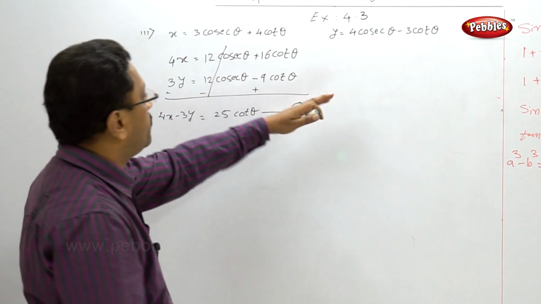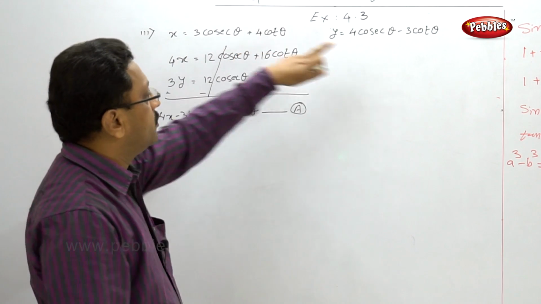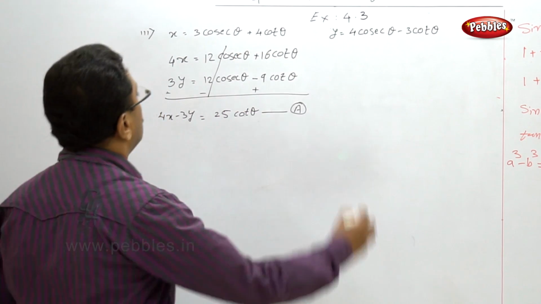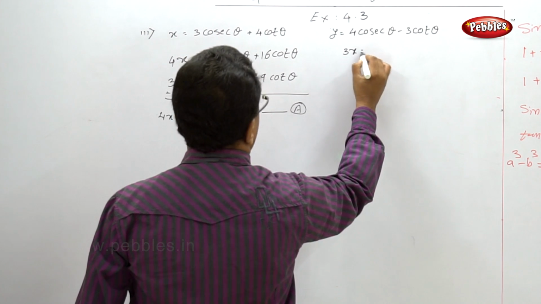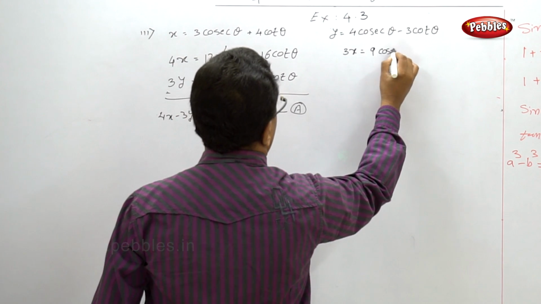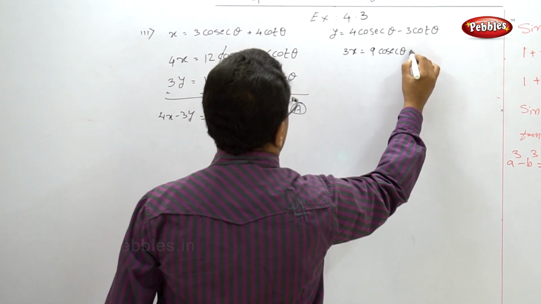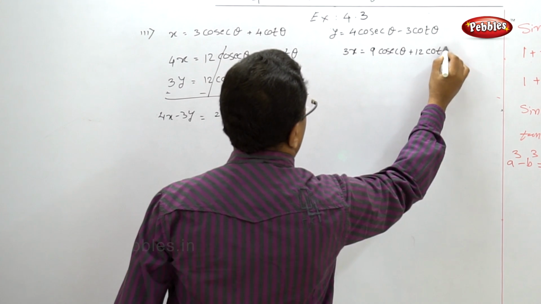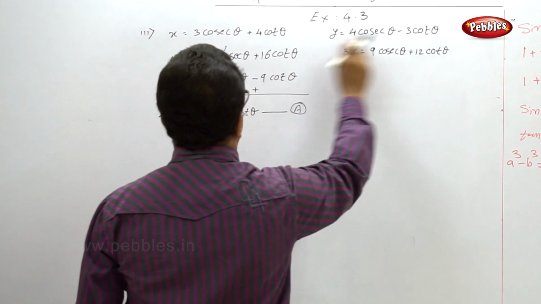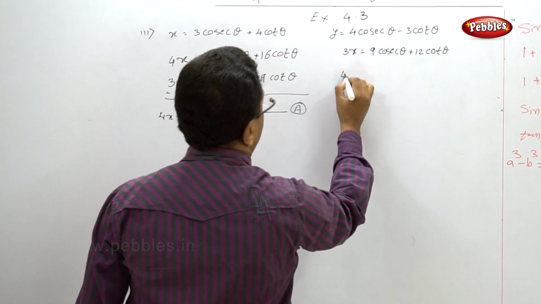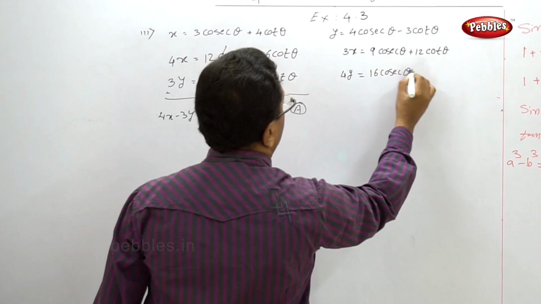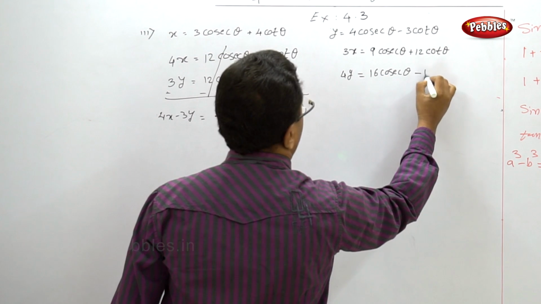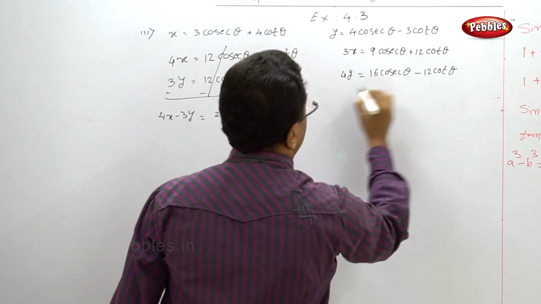Second step is multiply the first equation by the coefficient of cot. So I am multiplying by 3, so I get 3x equal to 9 cosec theta plus 12 cot theta, and multiplying this equation by 4 I get 4y is equal to 16 cosec theta minus 12 cot theta.